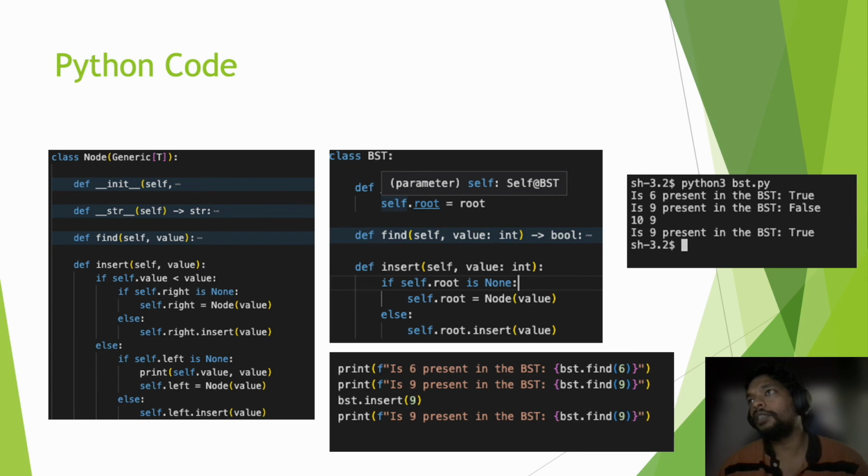So in the binary search tree, 6 exists, 9 does not, then we will insert 9, and after that it's true. Here I put a print statement, printing self.value and value. After that, self.left node is attached. You can see that self.value is 10 and the new value is 9.